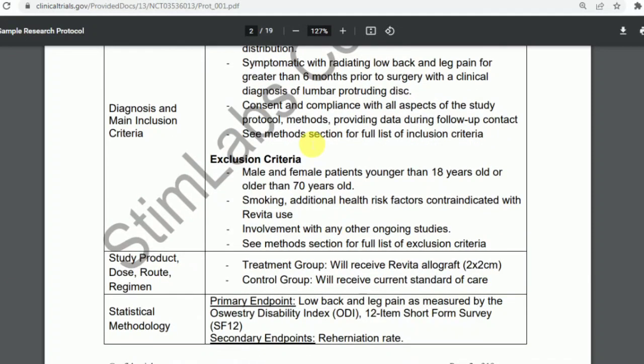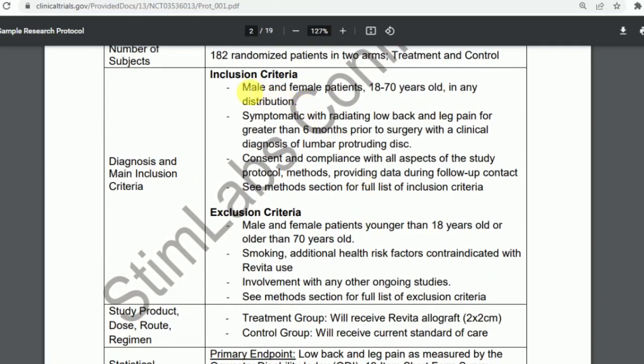Exclusion criteria. In exclusion criteria, male and female patients younger than 18 years old or older than 70 years old are not applicable. As I discussed earlier, male and female patients 18 to 70 years old are eligible and considered in inclusion criteria.